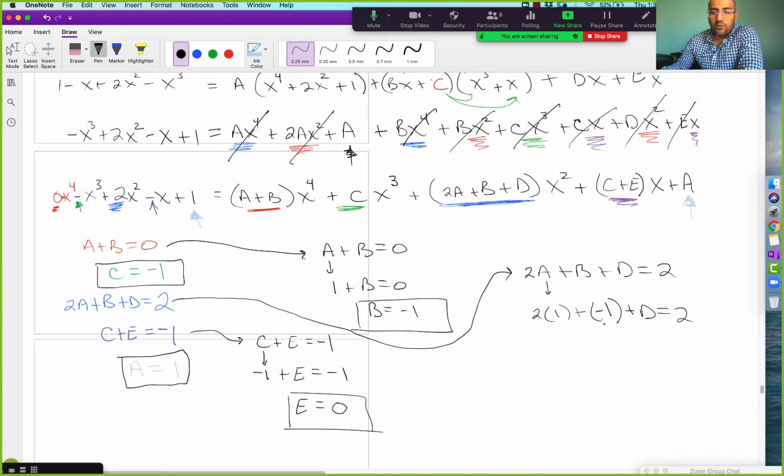So this will be 2 minus 1 is positive 1. 1 plus D equals 2. Therefore, D must be equal to positive 1. Good. So 1, negative 1, negative 1, 1.